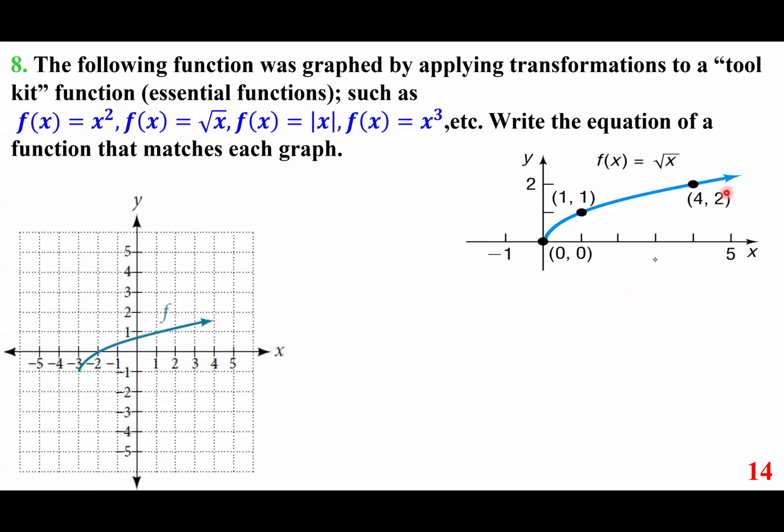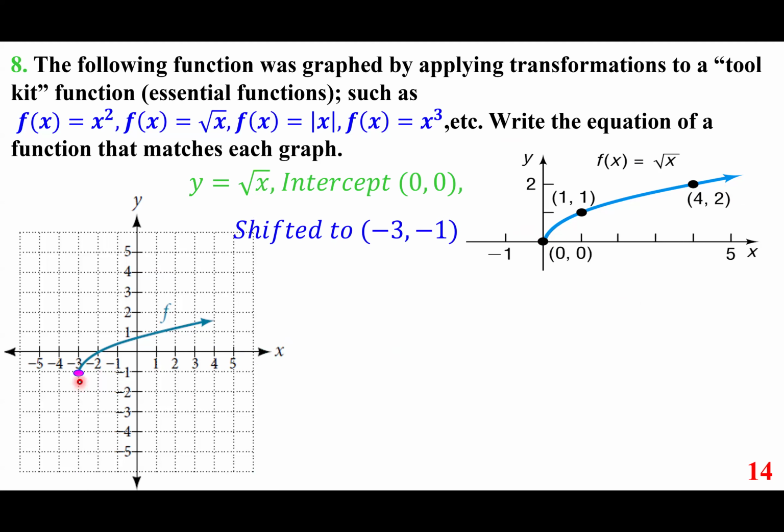Some sort of a transformation should result in this. When y equals square root of x, we know the intercept takes place at 0, 0, and that location 0, 0 has been shifted to this location, which is negative 3, negative 1.